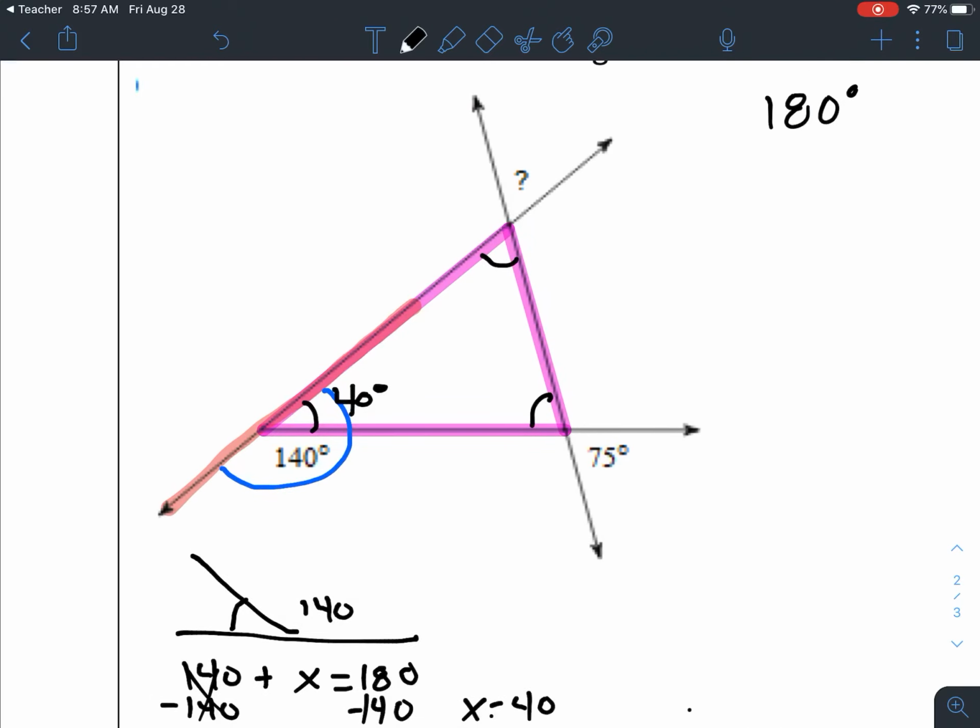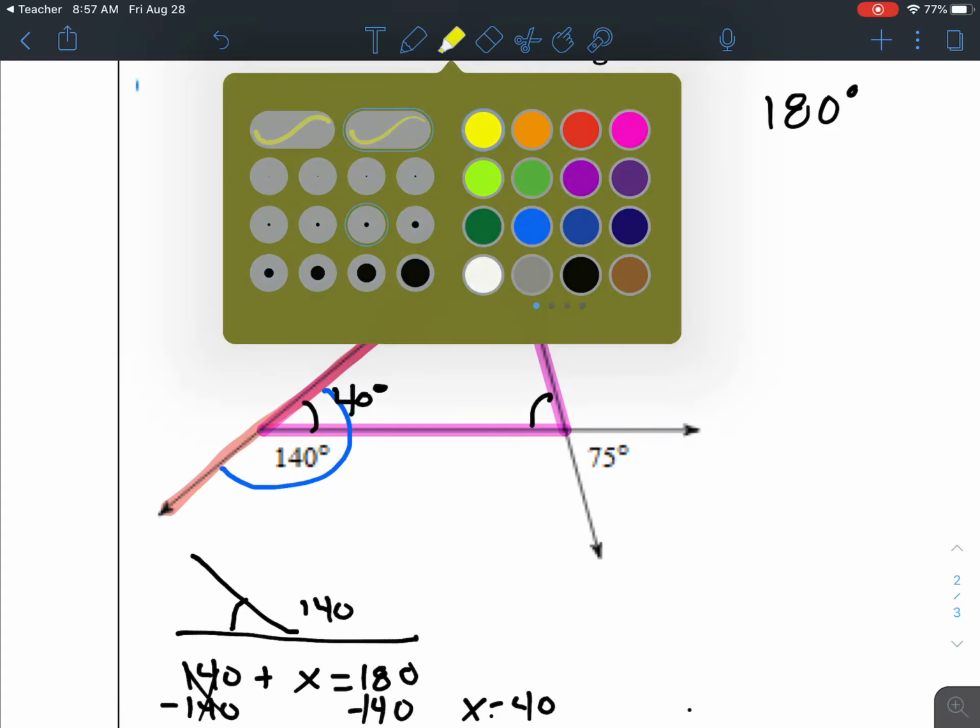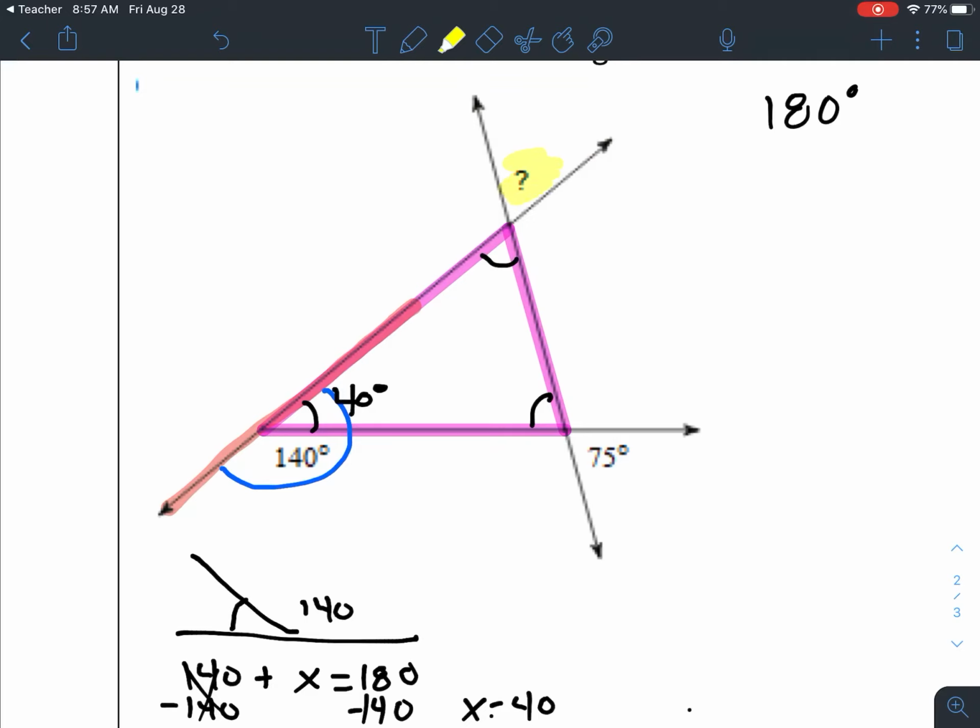You have to solve all these different angles to be able to find this mystery one right here that's in yellow. Okay? So now we know this one here. To find this one right here, we look at this.